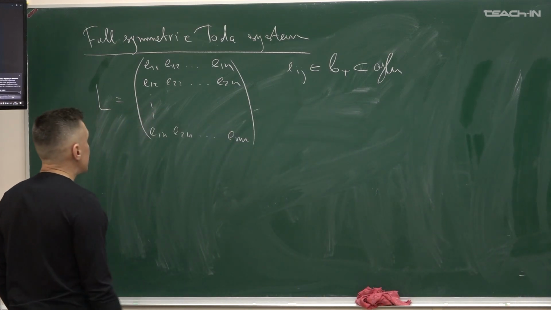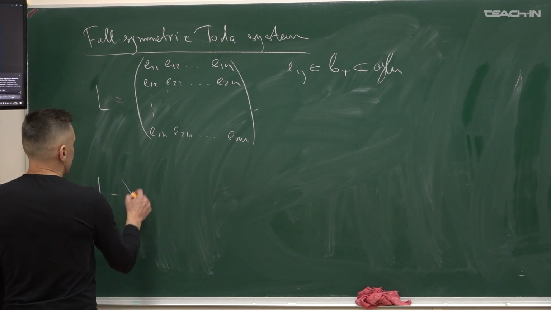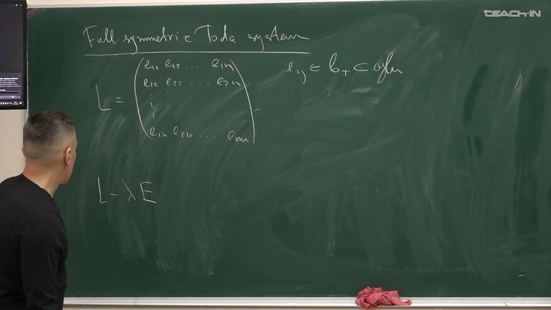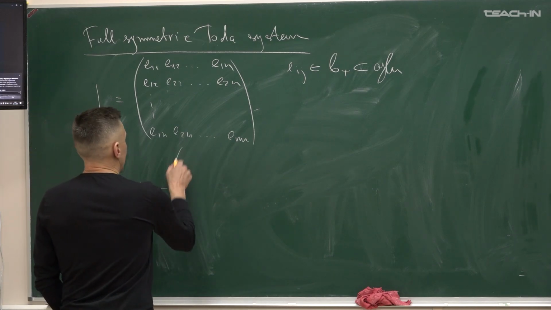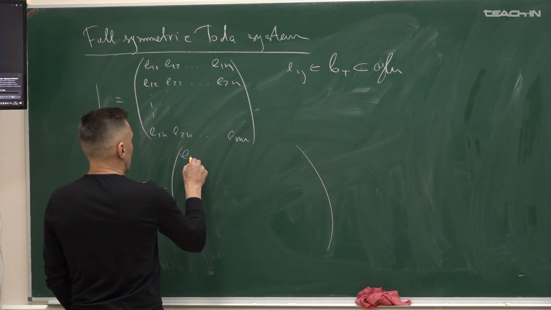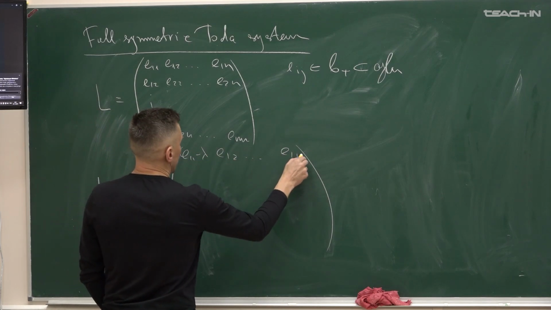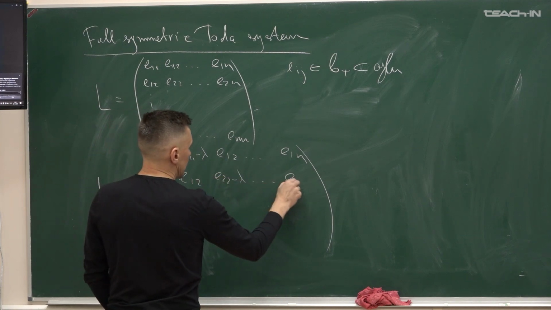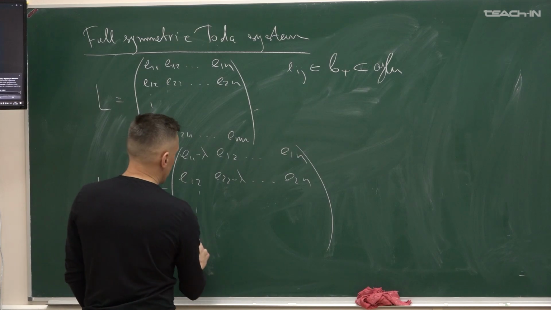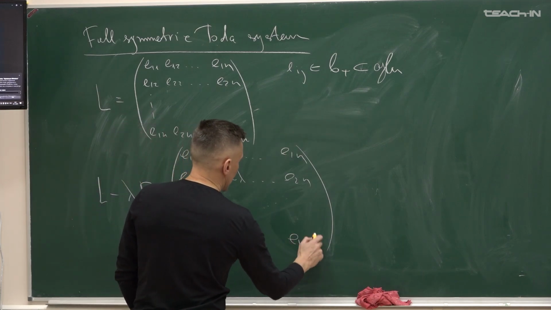The next step, we consider L minus lambda times the unit matrix: E11 minus lambda, E12, ..., E1n, E22 minus lambda, E2n, ..., Enn minus lambda.